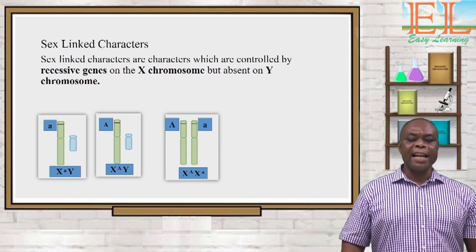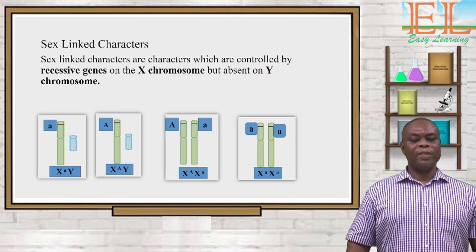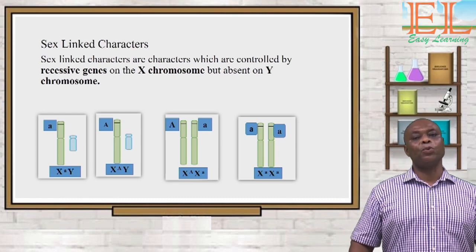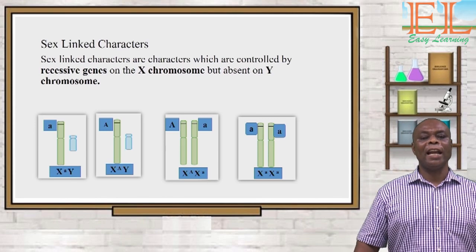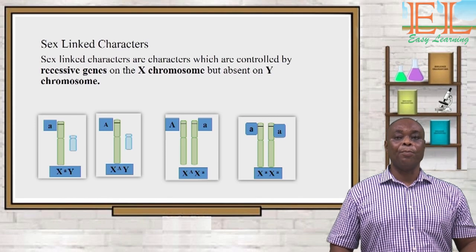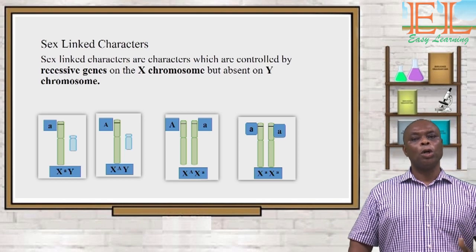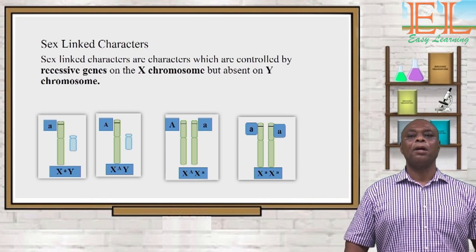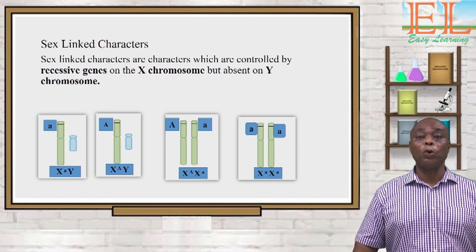Then the third scenario is where we have 2 long chromosomes and hence it represents XX, which is a female, but they both have small letters, showing that they both have the recessive character. And once 2 recessive genes occur on a pair of chromosomes, it shows in the person.